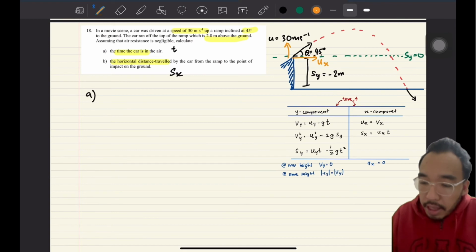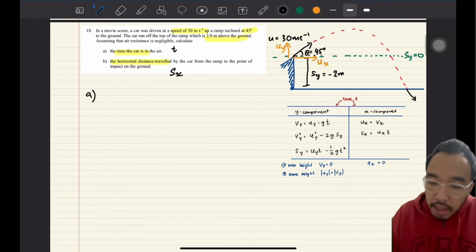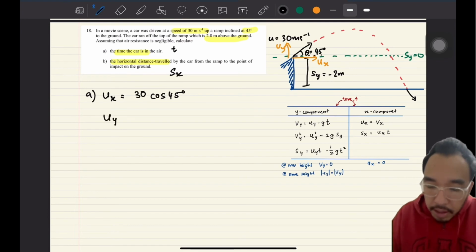So Ux and Uy. Your Ux will be equal to U cos 45. I told you in a previous question why it's cos and why it becomes sine, so double check with the equation.